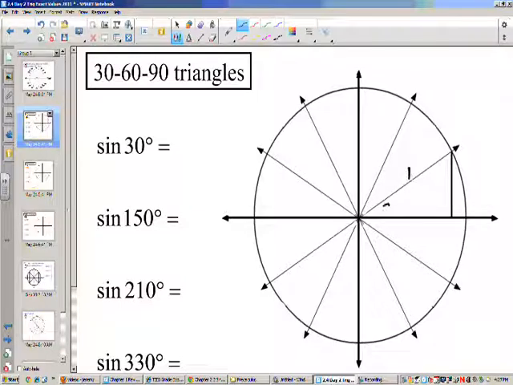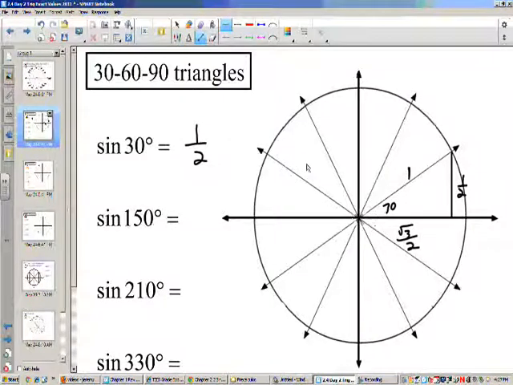Now if this is 1, the short side is always going to be half. We can have 0.5, or we can say 1/2. And this side is going to be 1/2 times the square root of 3, which we can write root 3 over 2. Now, if I wanted to find the sine, it is going to be opposite over the hypotenuse. So that's just going to be 1/2 over 1, which is 1/2.